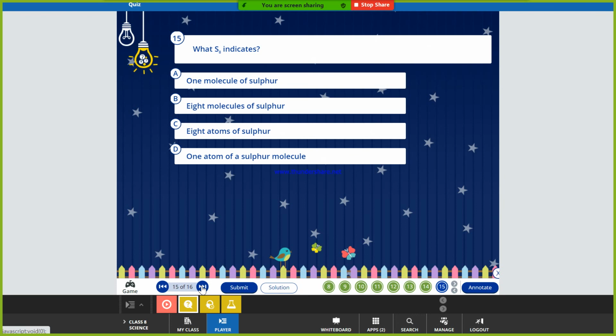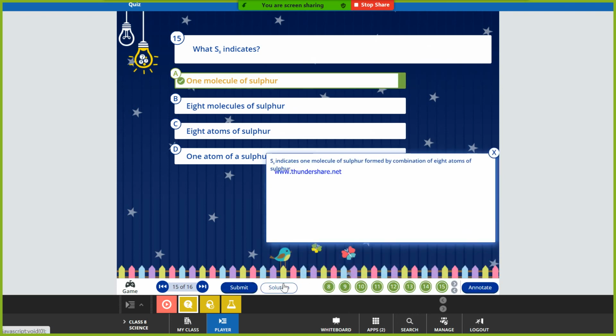Option D, 1 molecule of sulfur. One molecule of sulfur. Yes.